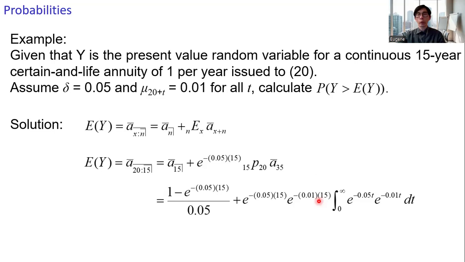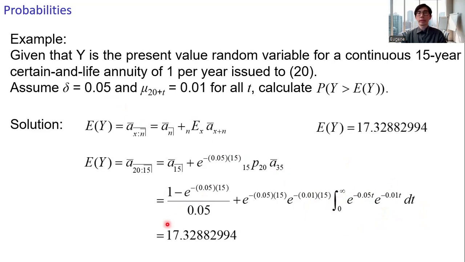And then ā 35 can be evaluated using this integral, e to the power minus delta t, and then e to the power minus mu t, from t equals 0 to infinity. Upon calculation, we get the expected value of Y, 17.3288.